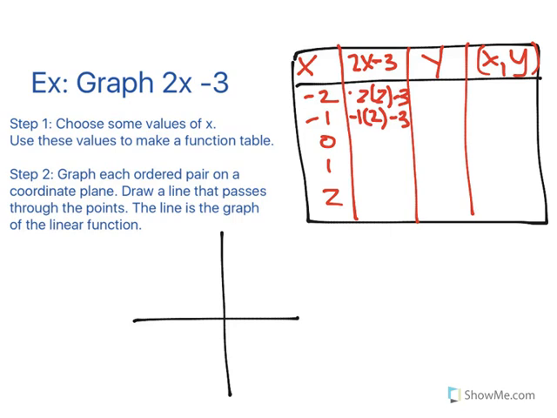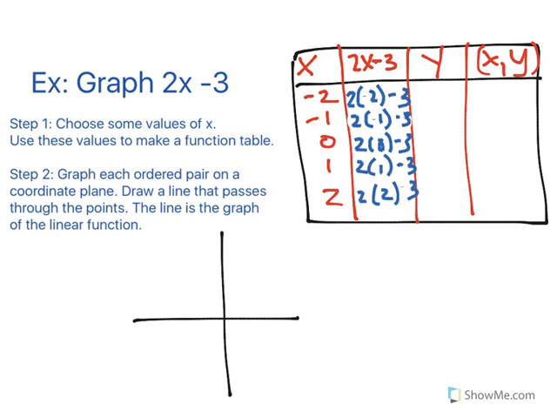Oh, I did this wrong. I'm glad I'm checking my work here. Let's go back and redo it. Let's make sure that we're plugging it in correctly. So I'm going to say 2 times negative 2 minus 3, 2 times negative 1 minus 3, 2 times 0 minus 3, 2 times 1 minus 3, and 2 times 2 minus 3.